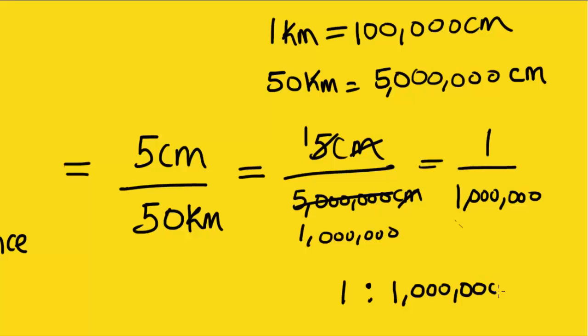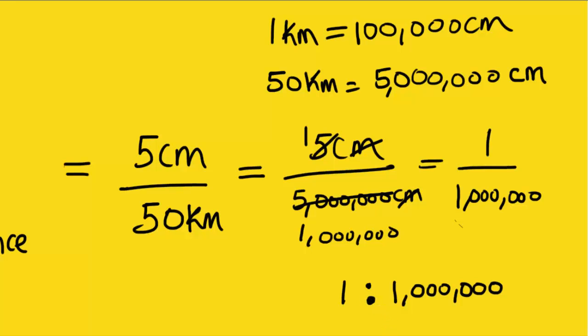And this can be interpreted as follows. 1 centimeter on the map is 1 million centimeters in real life. Or you can say 1 kilometer on a map, assuming your map was that big, is 1 million kilometers in real life. But this is essentially what the scale is.